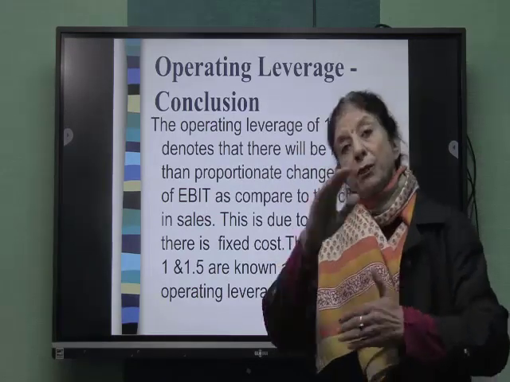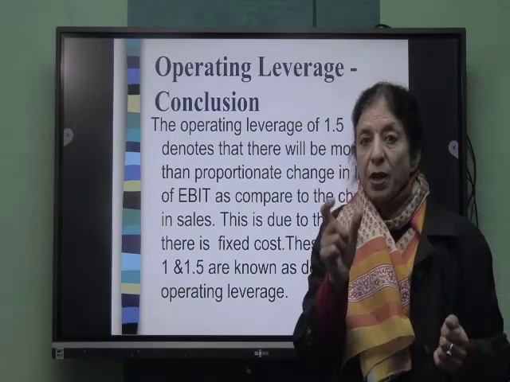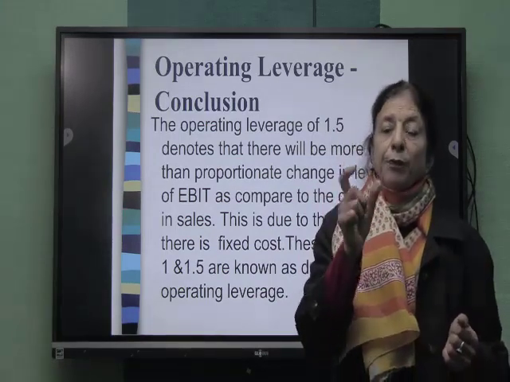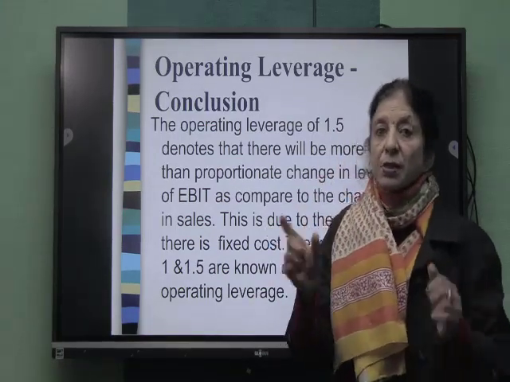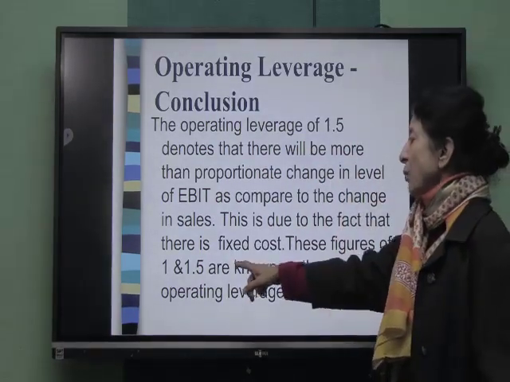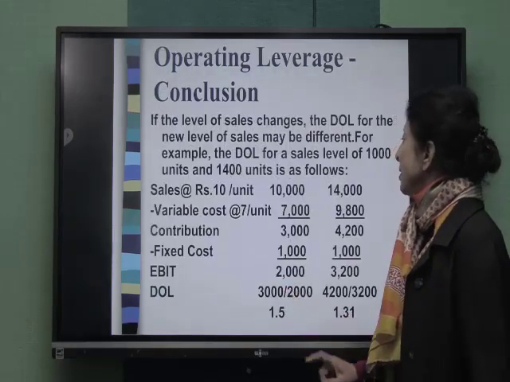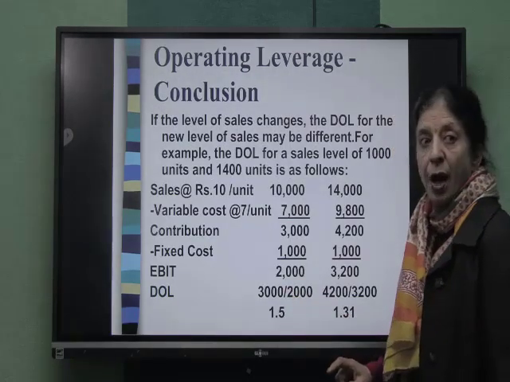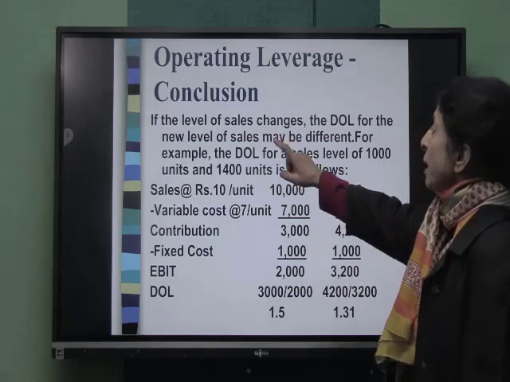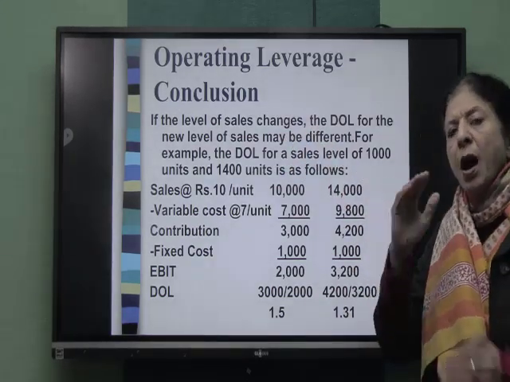But before the break-even point, that contribution margin is being taken up for the recovery of the fixed cost. And hence, these figures of 1 and 1.5 are known as the degree of operating leverage.